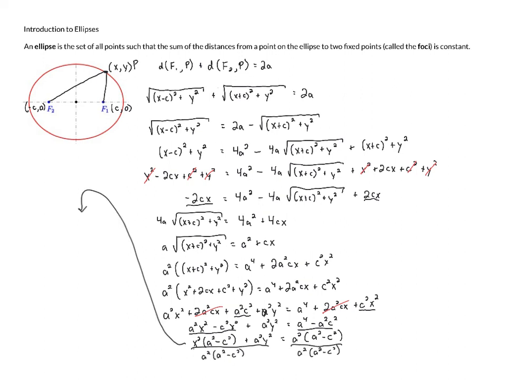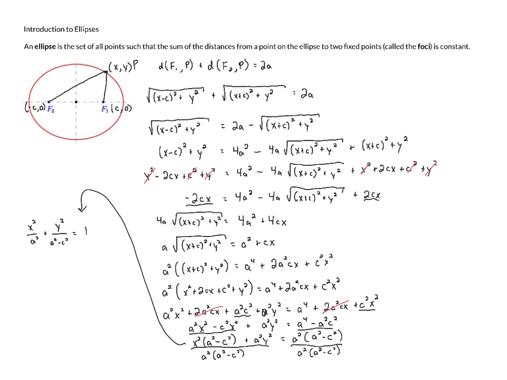So when we do that, in this first term, the a squared minus c squared cancel out, and we've got x squared over a squared, plus, in the second term, the a squareds cancel out, and we've got y squared over a squared minus c squared. And then on the right, everything cancels out, and we're left with 1, because anything divided by itself is 1.